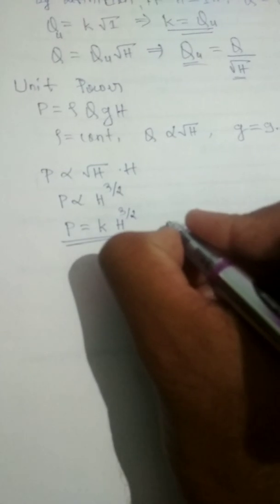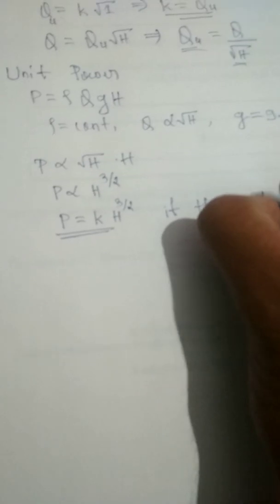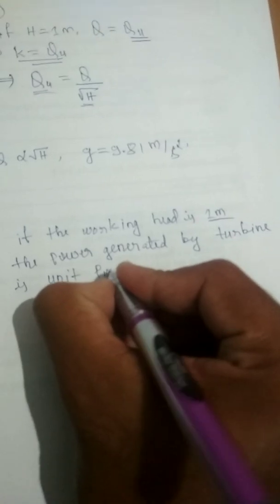Now we have to use the definition. We have not defined it yet, so we can define: if the working head is 1 meter, the power generated by the turbine is unit power.